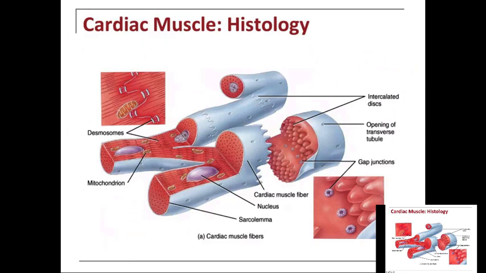Again, another picture just showing how you have these intercalated discs, and then the gap junctions, when they come together. These intercalated discs, just think of them as like two combs. If you take two combs and you interlink them and put them together, the teeth of the combs connect, right?